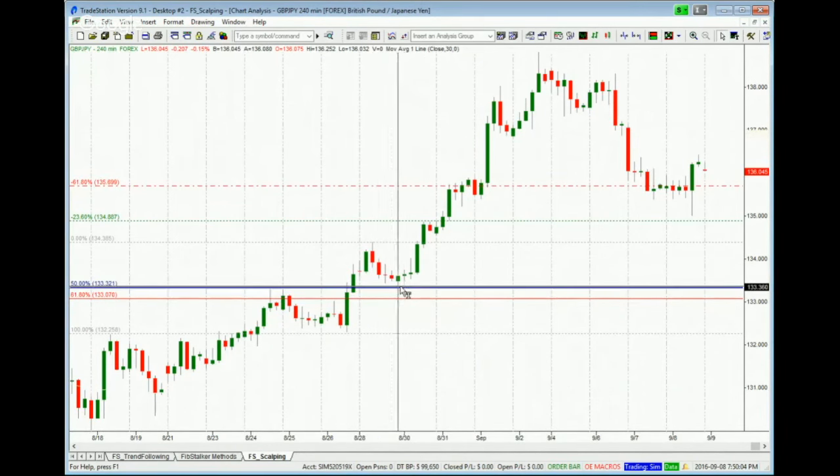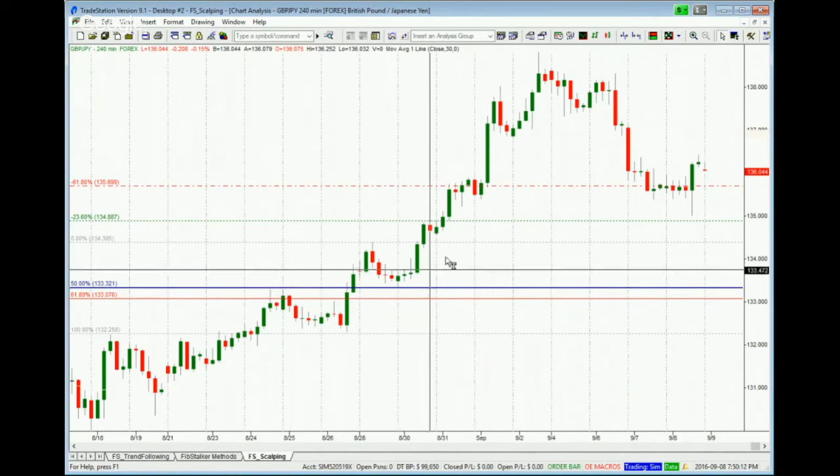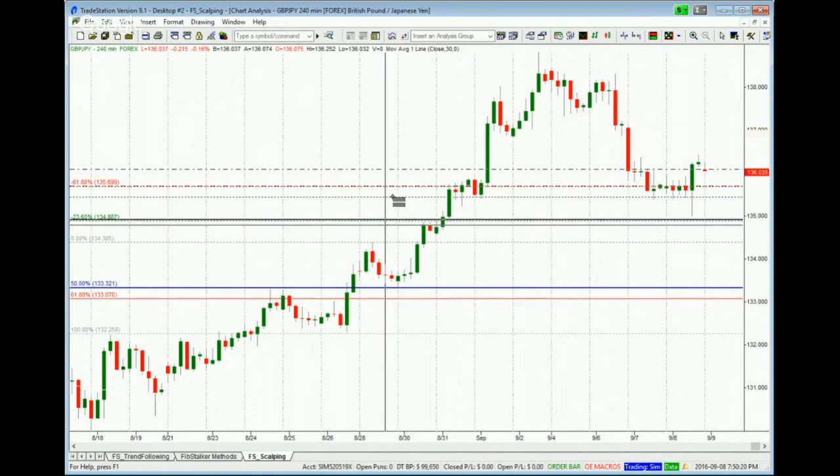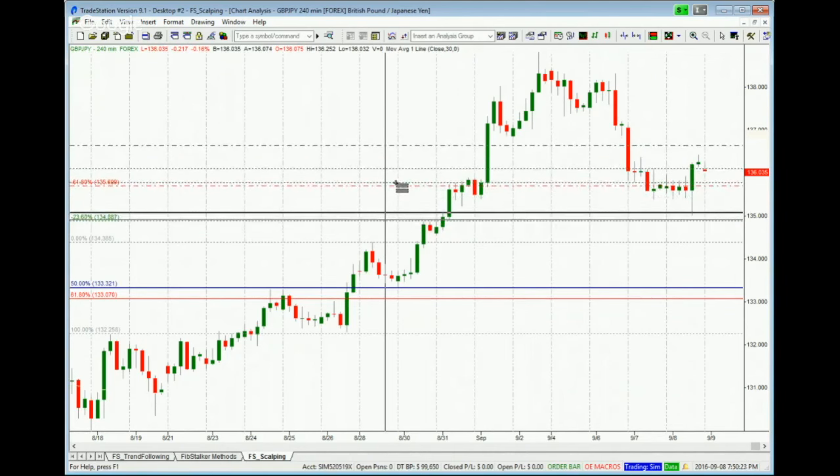For those who know about this area of participation, the market tested that level, 133.32, just to the pip basically, and then it continued higher into the next measure move. This market actually started accelerating here, as you can see.